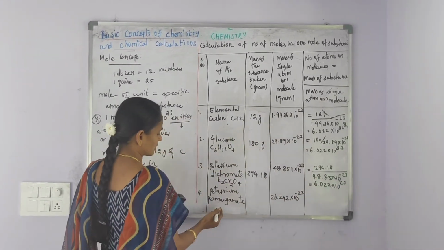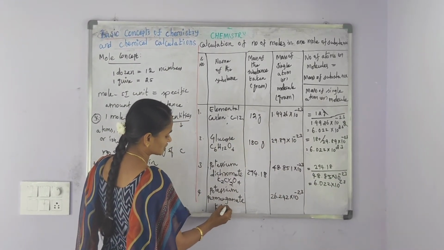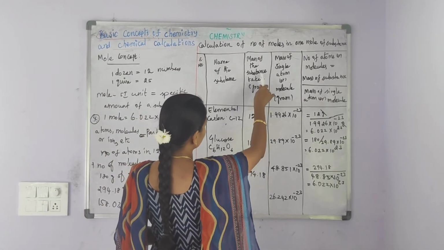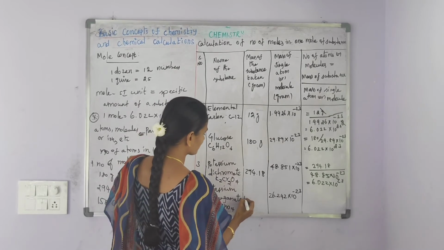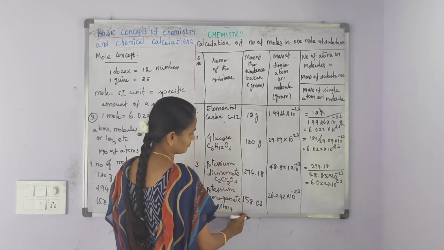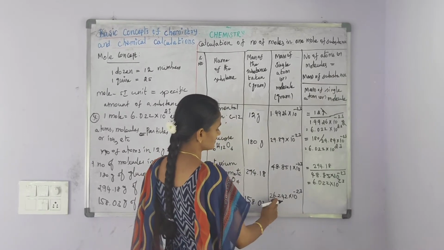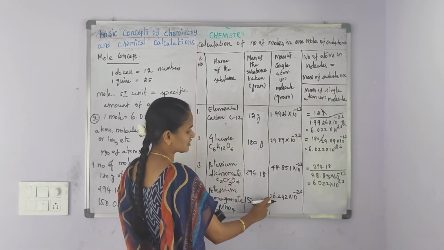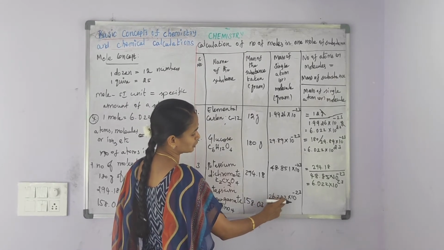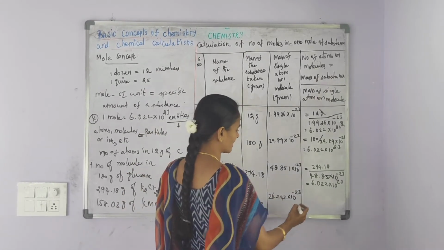And then last one is potassium permanganate. Its formula is KMnO4. Mass of the substance taken is 158.03 gram. Mass of the single potassium permanganate molecule is 26.242 into 10 power minus 23 gram.